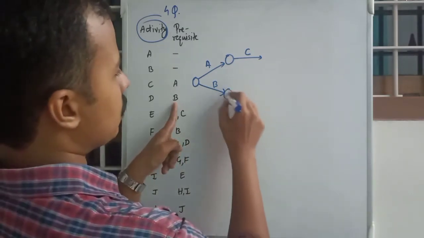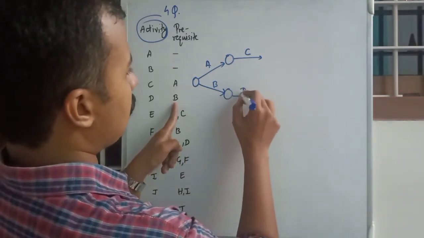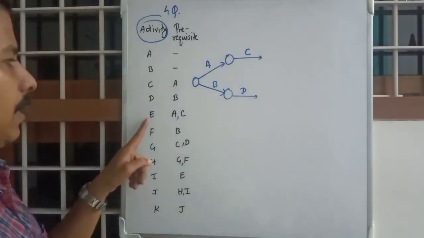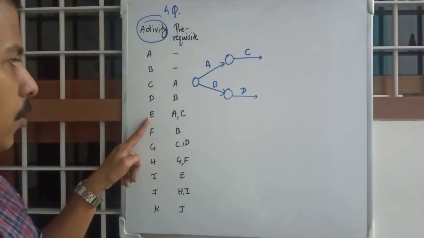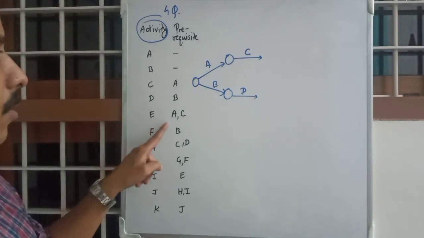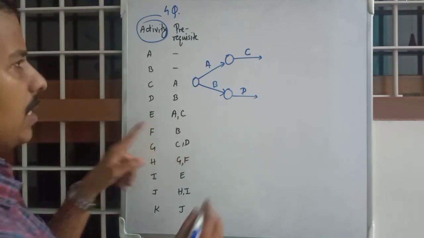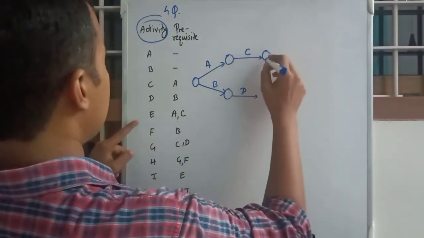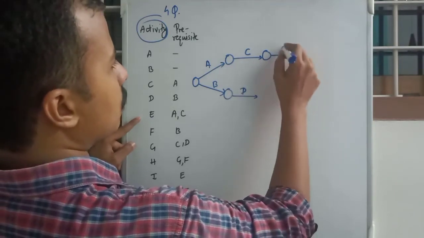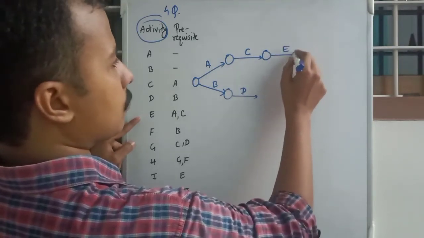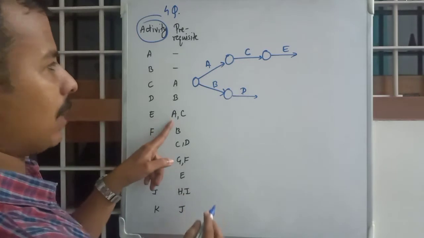That means a similar thing like this, D. For E to happen, you have prerequisites A and C. C is simple, you know it as like this. And what about A?